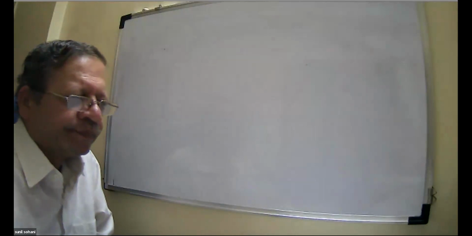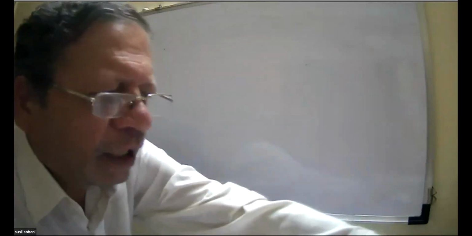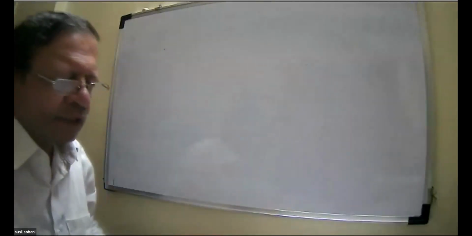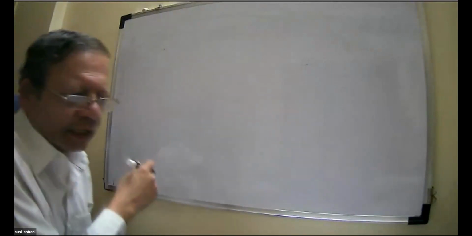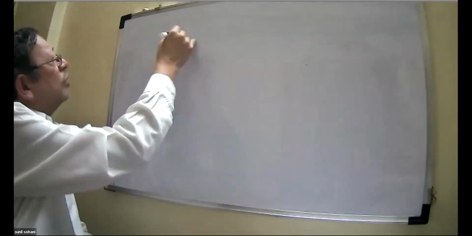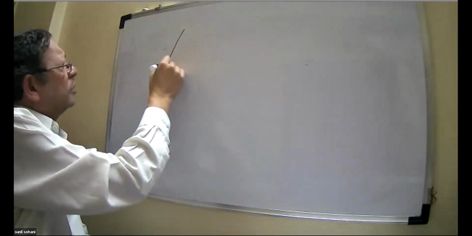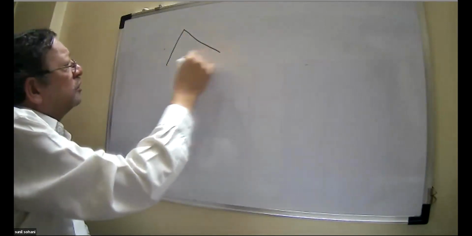Question 28. In triangle ABC, AB is 13 and AC is 20. Let me draw AB a little short and AC a little long.